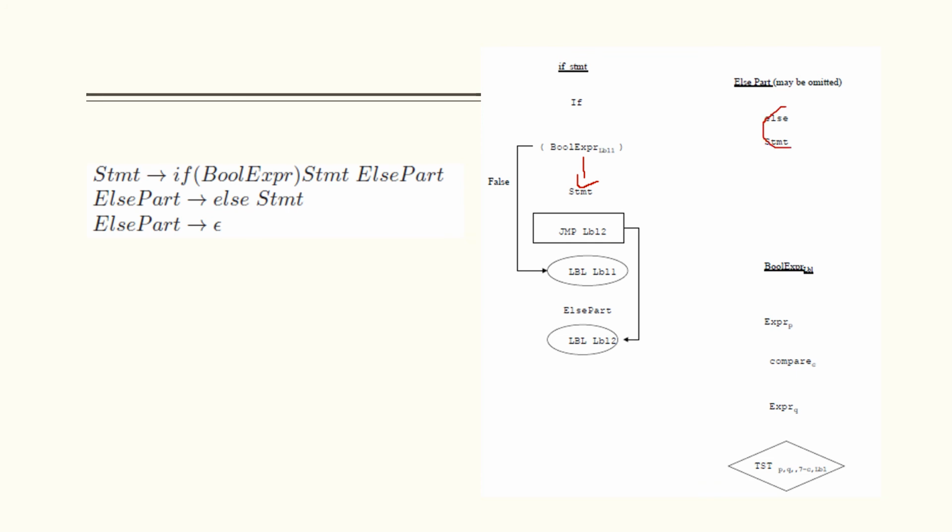For the Boolean expression, there is a more detailed process, which is that they look into the expression, compare with the next expression, and then do tst. Only then will the process of identifying whether it's false or true be determined.